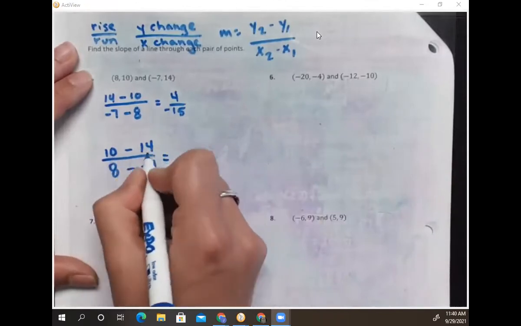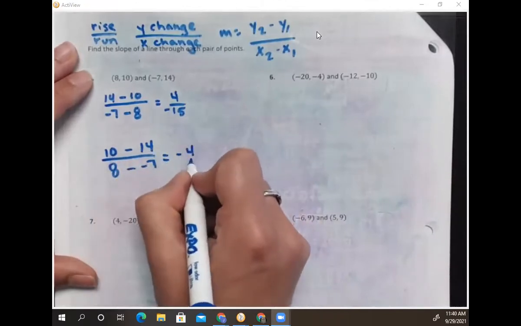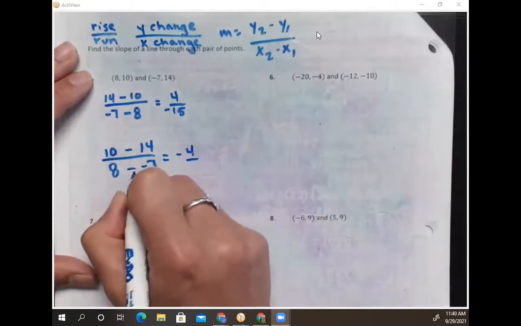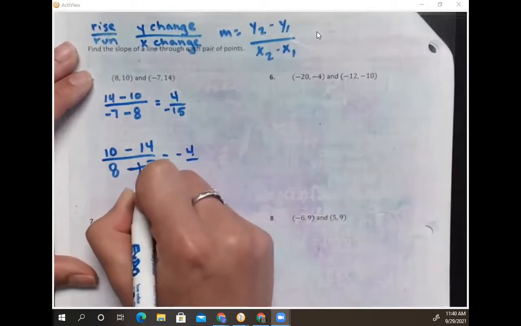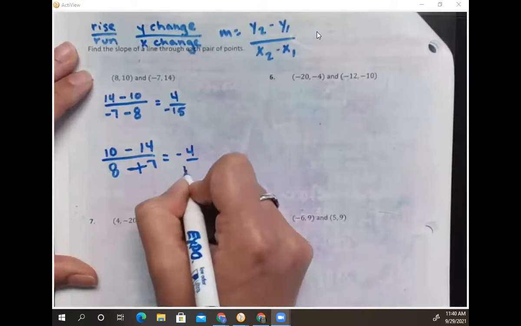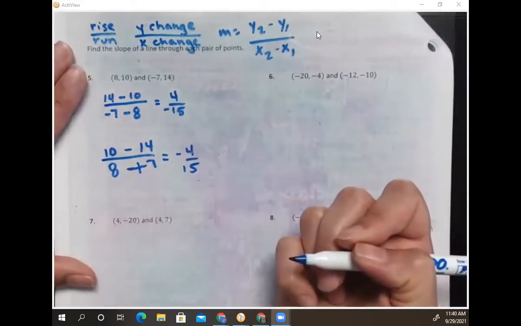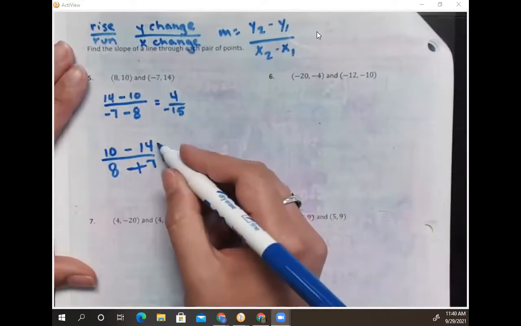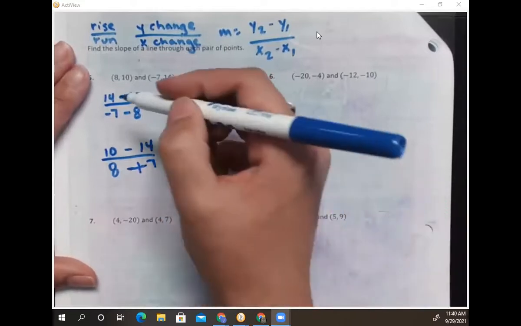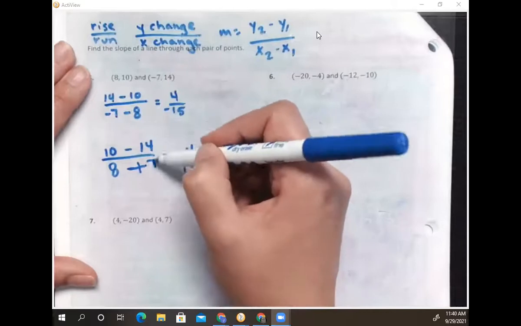For my second guy, 10 minus 14 would be negative 4. On bottom, 8 minus negative 7, minus a negative means we add, 8 plus 7 is 15. Negative 4 over 15. I get the same slope. Okay. The important thing is you put the y's on top and the x's on bottom, and that numbers from the same point are lined up.